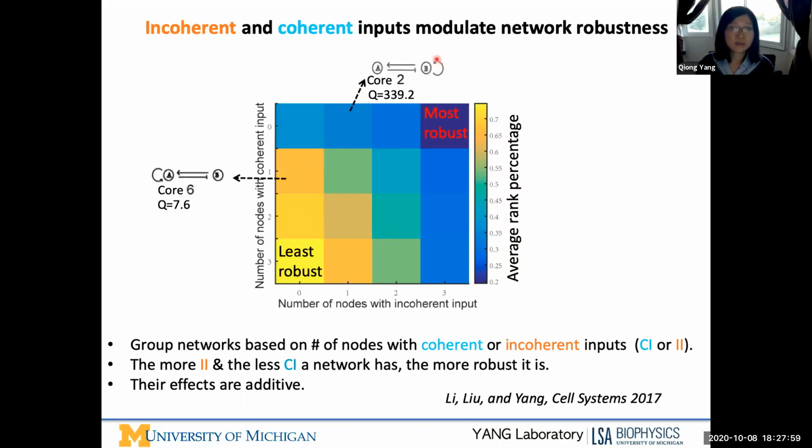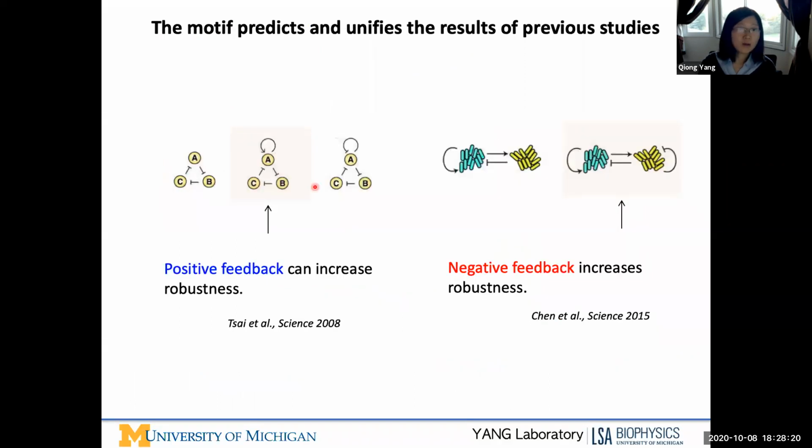This may be explained by core 2, where both have this self-positive feedback coupled with negative, and the positive feedback is adding to B to generate an incoherent input interaction. But for core 6, it's generating a coherent input interaction. And that may also unify the previous findings.